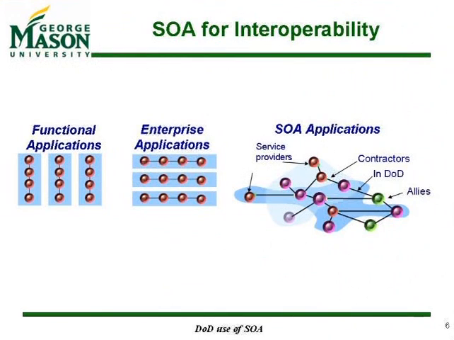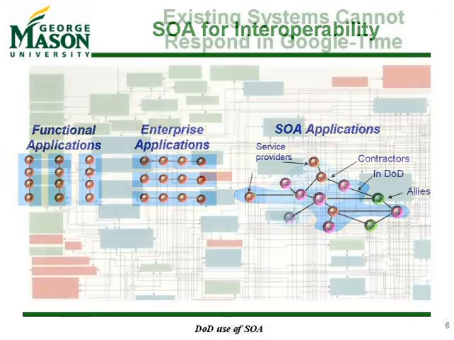About a third of them are SAP applications, or pretending to be SAP, or still in the development process of trying to install SAP. Now, while that is taking place, SOA applications are rising, and the SOA application has the attribute that it deals with allies, contractors, and service providers.